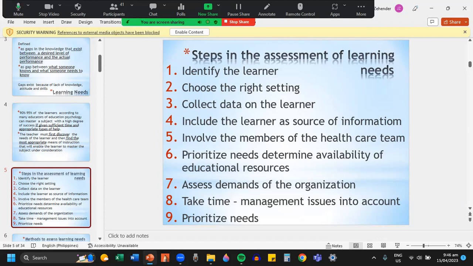So we also consider kung ano yung mga na-learn niyo during your senior high, or even from certain subjects before us. There are some subjects din in nursing na they need prerequisites. For example, anatomy and physiology is one of the basic prerequisite subjects.